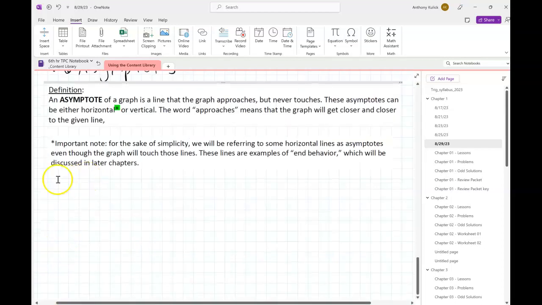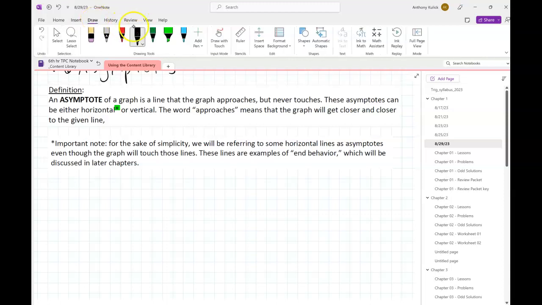So let's look at an example just to make sure. I'll put the picture in and we'll draw some stuff in. So let's say we have this function here.